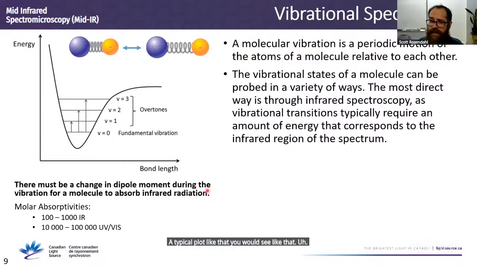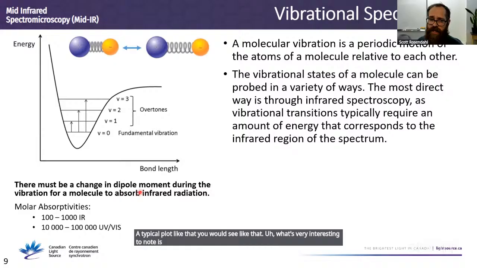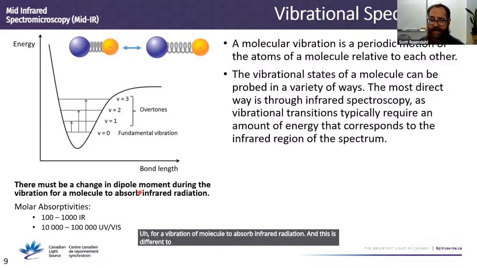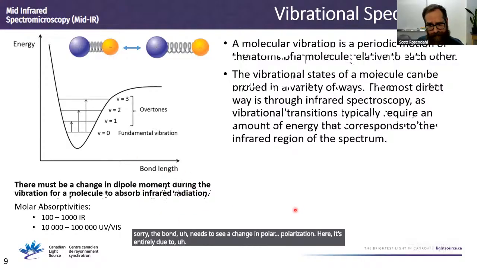What's very interesting to note is that there must be a change in dipole moment for a vibration of a molecule to absorb infrared radiation. This is different to Raman spectroscopy, where you need a change in polarization. Here, it's entirely due to a change in dipole moment.